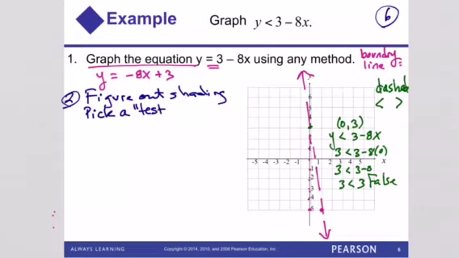A test point can be any point on either side of the graph, as long as it's clearly on either side of the graph. So I'm going to pick, I think I'll pick negative 2, 4. And then the next thing you do is you plug it in to the original inequality.